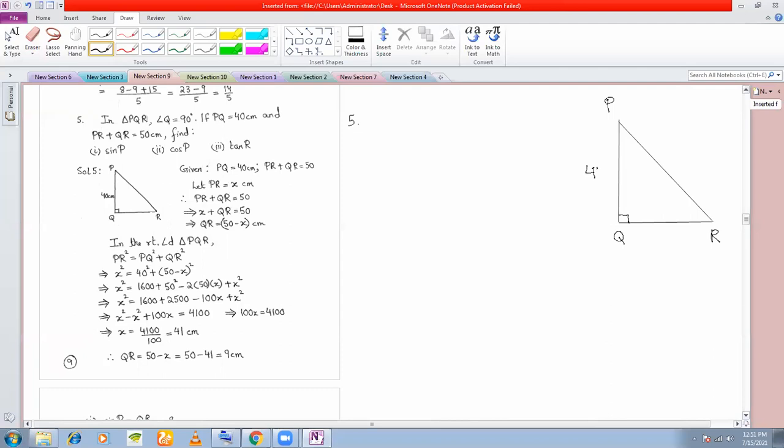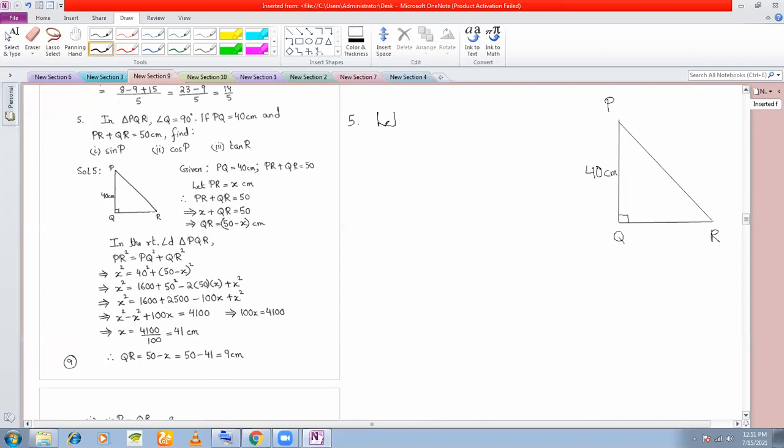PQ is equal to 40 centimeters. So let's write 40 centimeters. And PR plus QR, that means the sum of this side and this side, is given to be 50. Here you have to find sin P, cos P, and tan R. That means the other two sides are not given, but what is given is the sum of the sides.